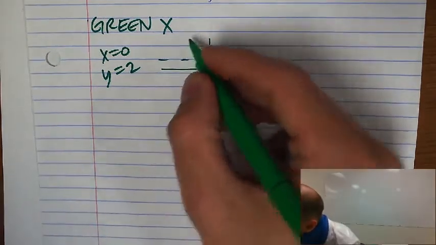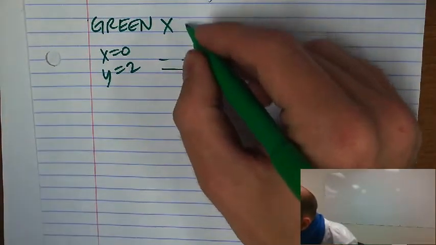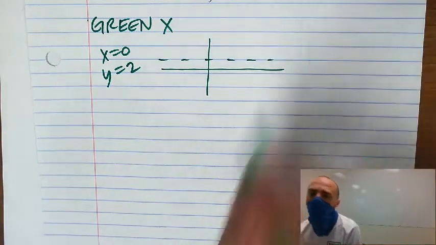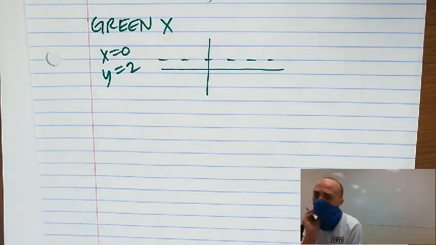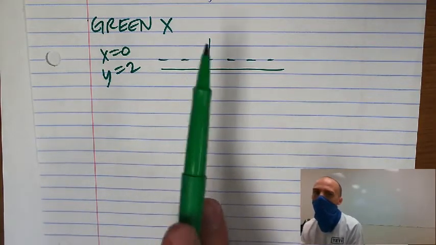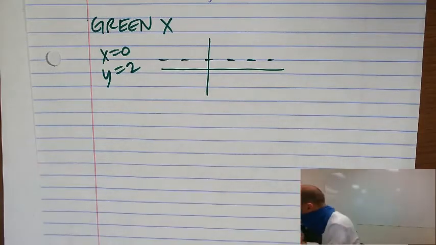I don't know. I could have something that came from above and then just approached 2 as I went over there. I'm not talking about the vertical asymptote yet. Like e to the negative x plus 2 is something that could approach this asymptote on one side, but not the other.